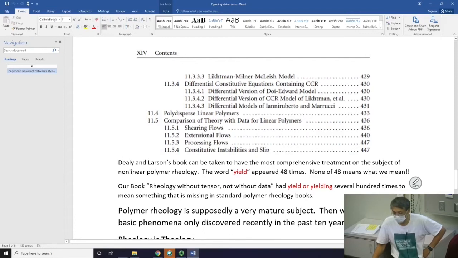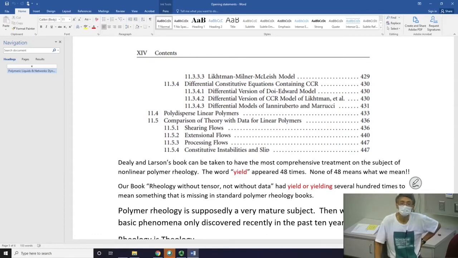In this book, very recent, and it was recently republished again, I had an e-copy, so I could count. The word yield was used 48 times. And you have no clue what I mean by saying none of them means what we mean.